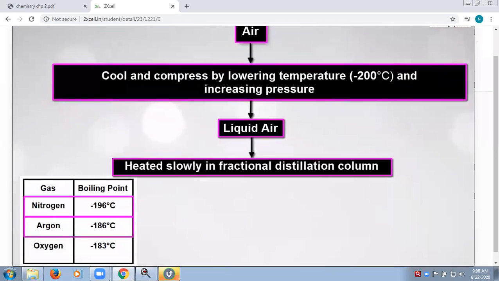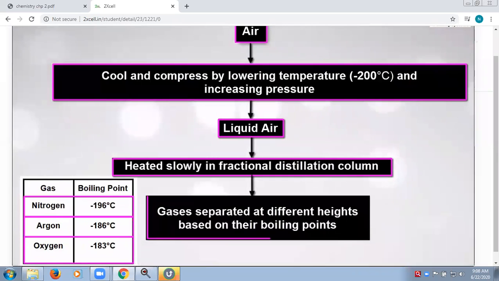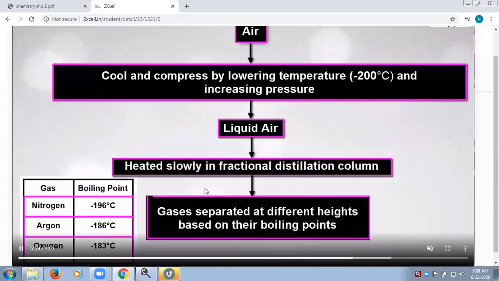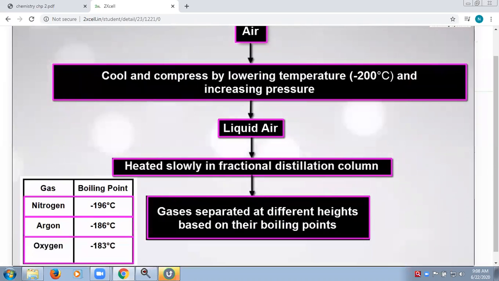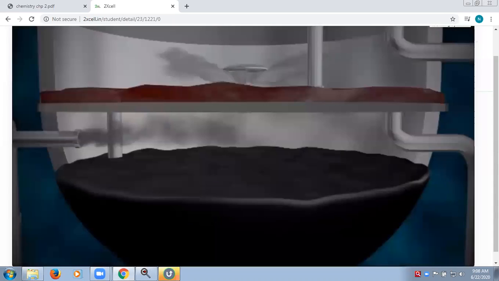If you remember, we used this word earlier also in the case of petroleum. Clear? By this method, the gases are separated at different heights based on their boiling points. So this is one of the biggest applications of the fractional distillation column.